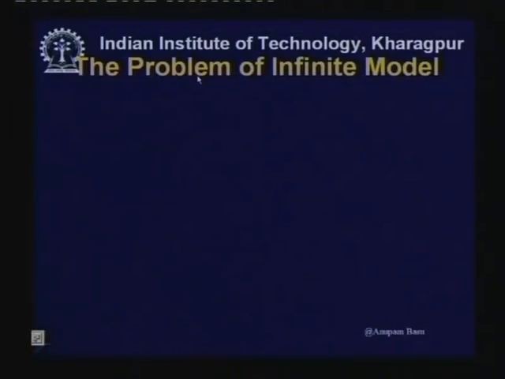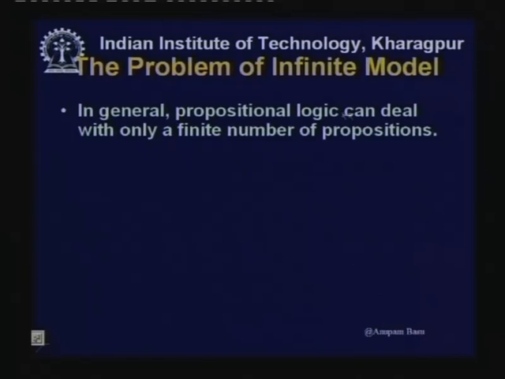That is why we need predicate logic. So, essentially what was the problem? The problem is the problem of infinite models. In propositional logic we have to restrict ourselves to constants, and in general propositional logic can deal with only a finite number of propositions.